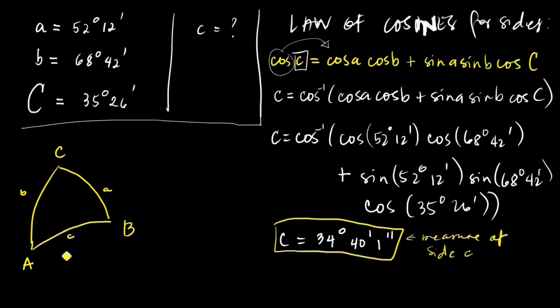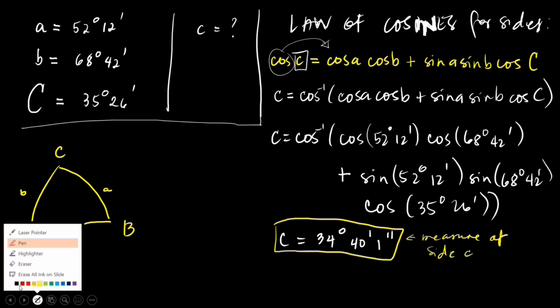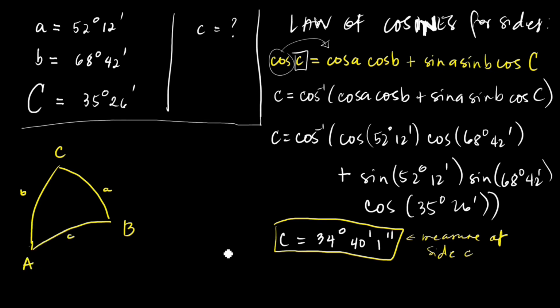The small c is the distance between big A and big B, or Honolulu and San Francisco. So what we're going to do with this is convert it to distance.